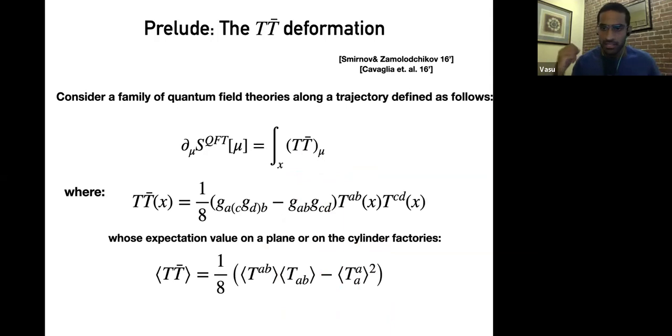Before I get to what exactly that dual theory will be, I'll introduce the TTbar deformation briefly. Its origins go back to Smirnov and Zamolodchikov and this paper by Cavaglià and collaborators. What it is, is a solvable deformation of quantum field theories in 2 dimensions by a certain composite operator constructed from the stress tensor.